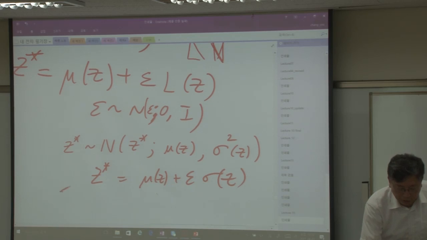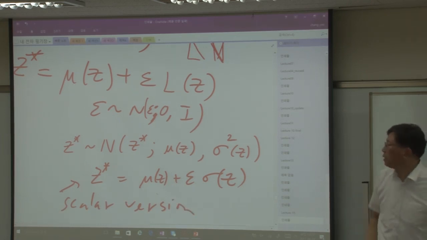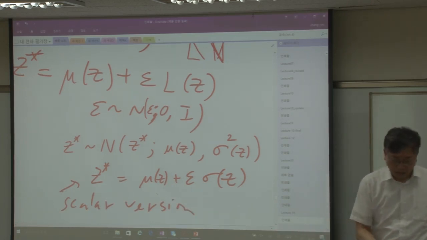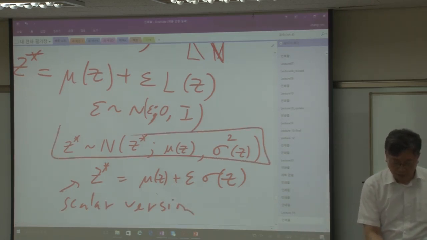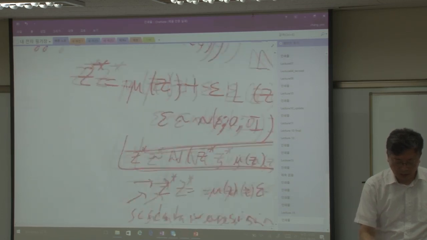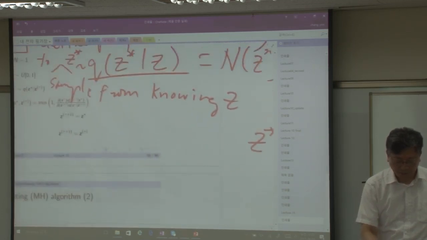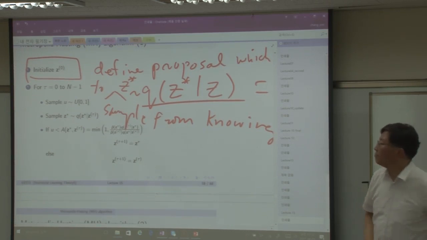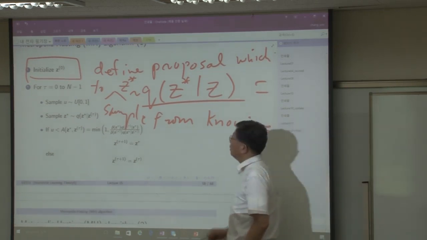This is the scalar version. I'm saying the same thing if I do it this way or this way. Anyways, I've sort of digressed.